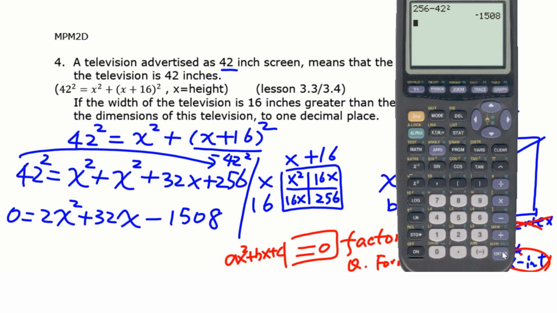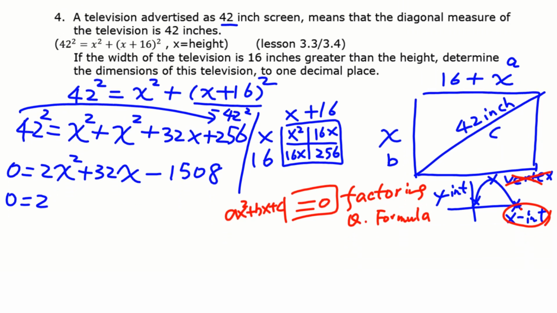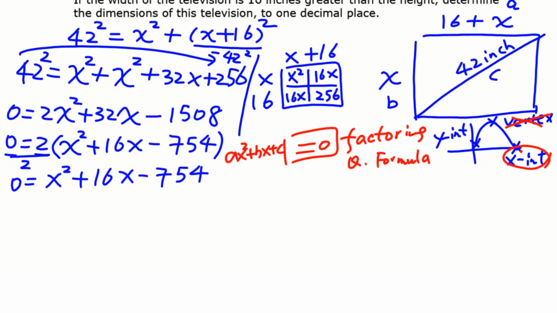And for this question, you could try to factor it or just use the quadratic formula, but before that, always take the common factor out. Then divide by 2 on both sides. The 2 is gone, so you have x squared plus 16x minus 754. Then one way you can try is the quadratic formula, or you could try to factor it.